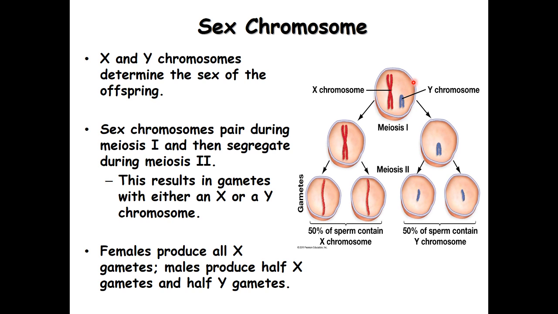So if you look at this, these homologous chromosomes also segregate during meiosis 1. So the X chromosome will go to one daughter cell, and the Y chromosome will go to another daughter cell, okay? So at the end, you can see in male gametes, 50% will have the X chromosome and 50% will have the Y.